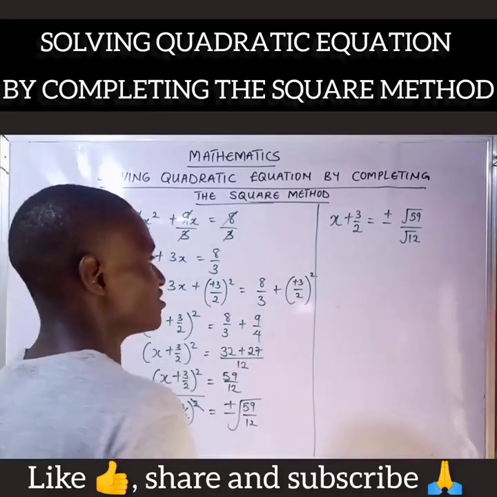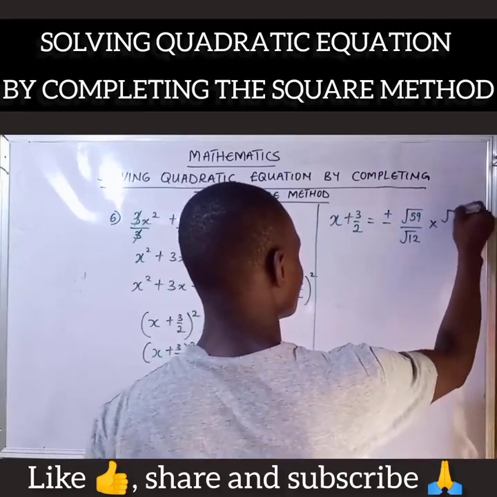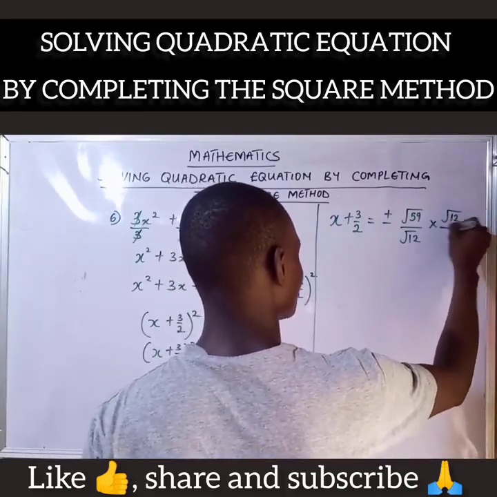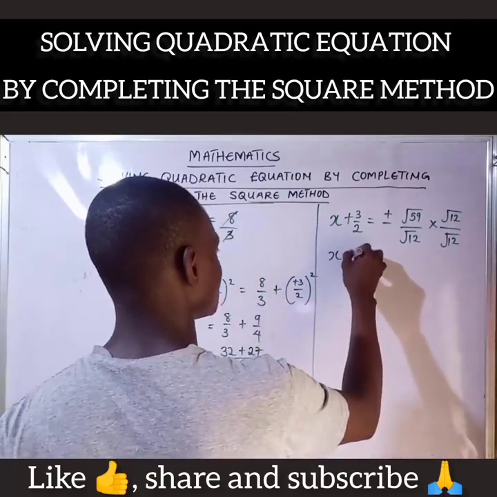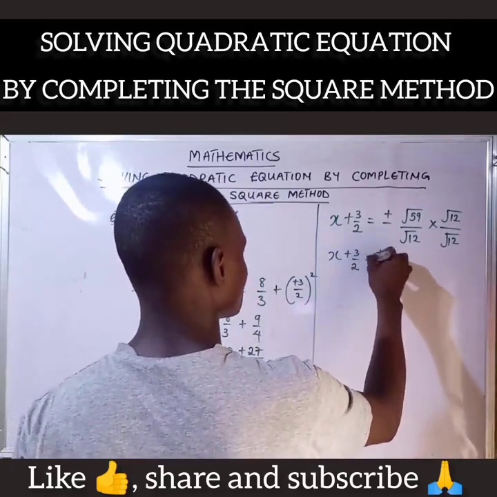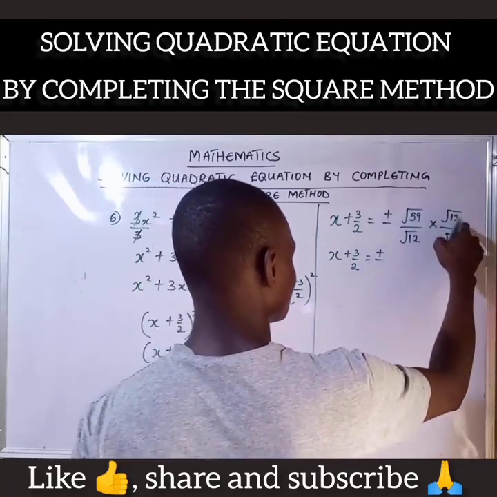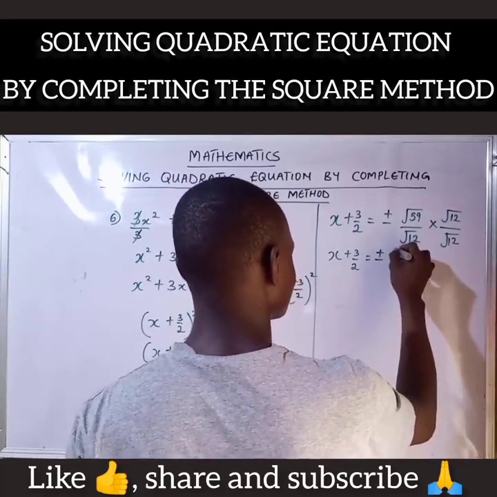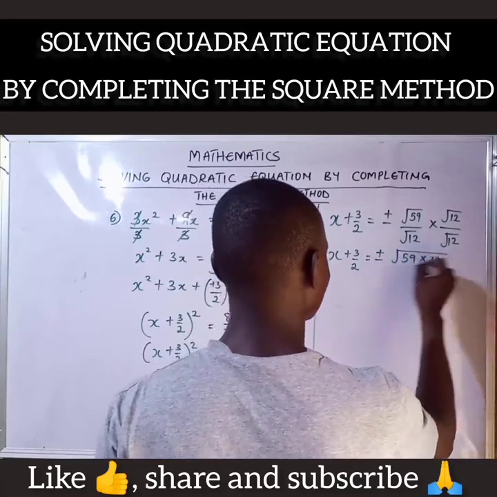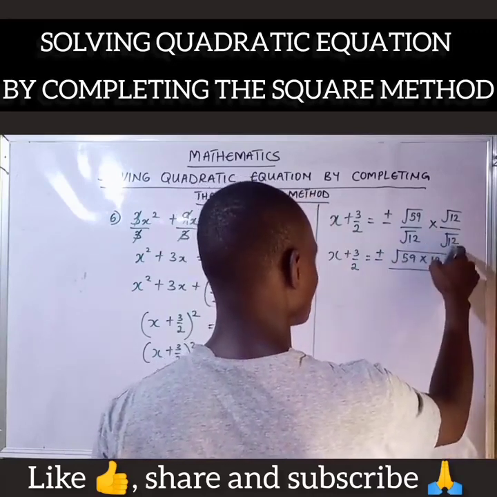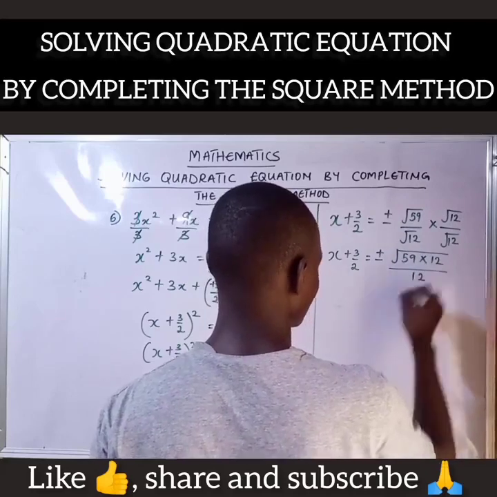And to do that, all we have to do is to multiply it by the square root of 12 over the square root of 12. This is going to become x plus 3 over 2, which is equal to plus or minus this times this over this. 59 times 12, the square root of 12 times the square root of 12 will give us 12.